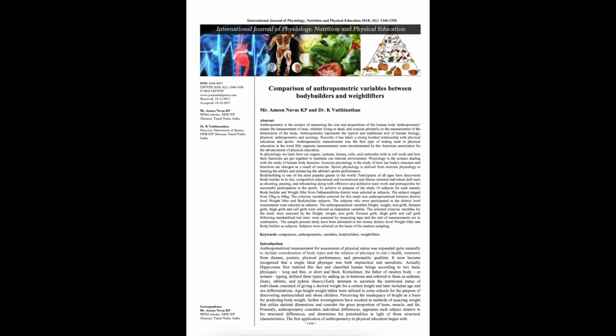And let's get into the last study, titled Comparison of Anthropometric Variables Between Bodybuilders and Weightlifters by, I don't know how to pronounce that, but yeah, let's get into the tables.